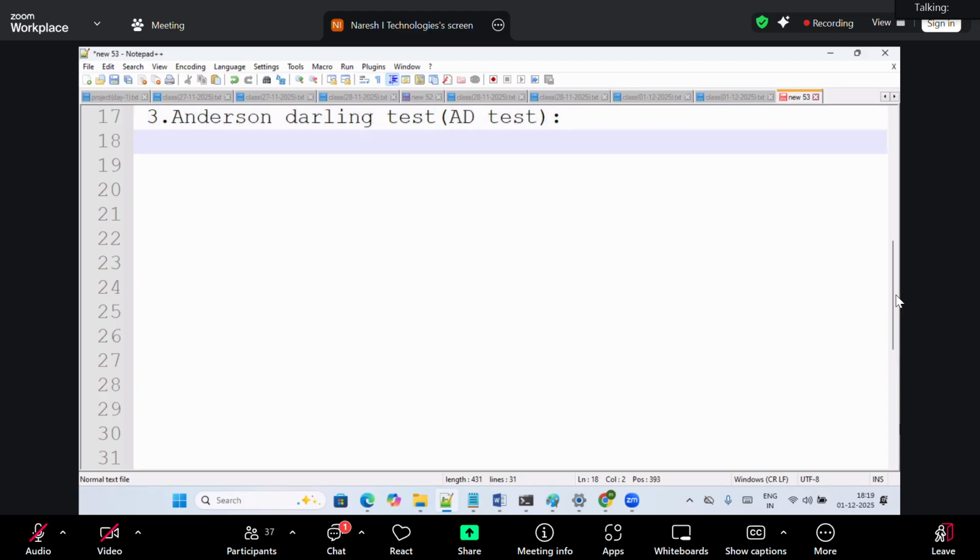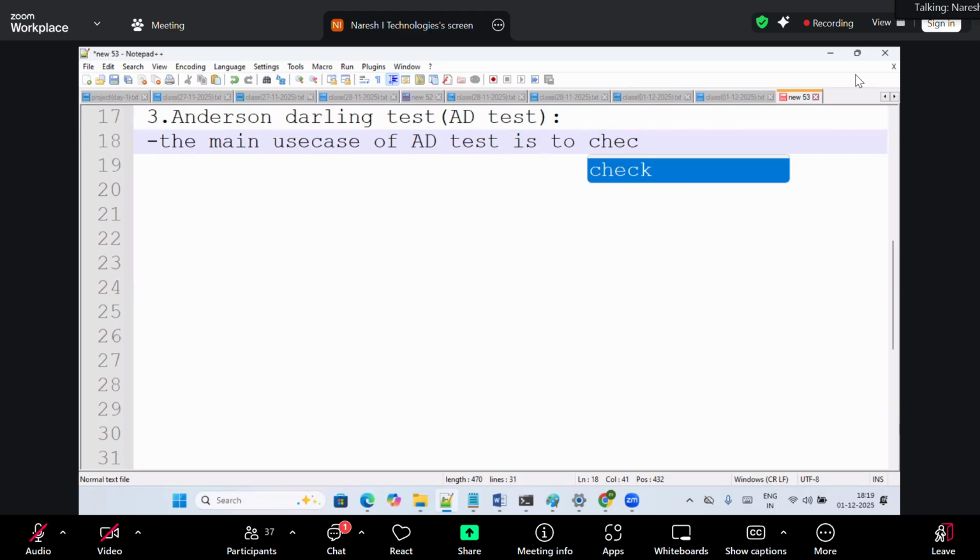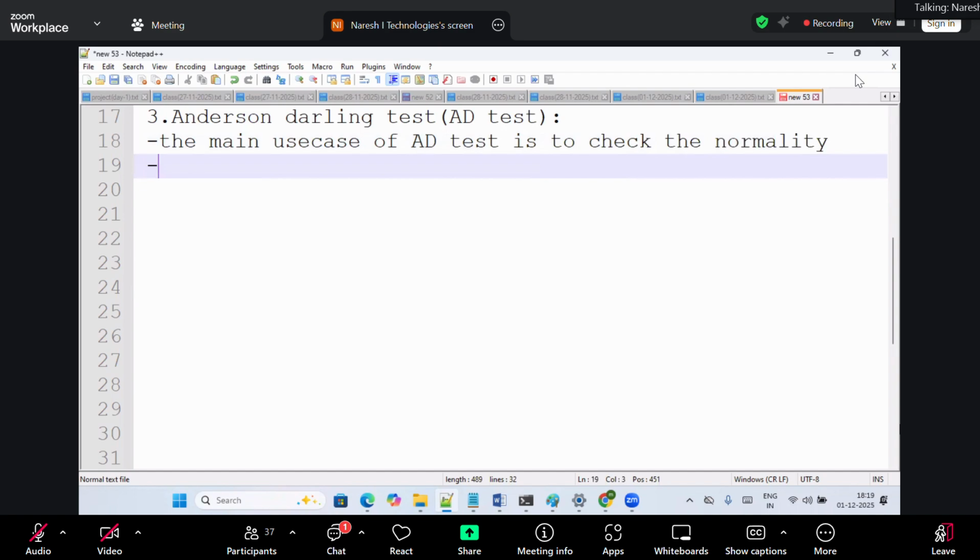So here, the main use of this test is what, guys? To check the normality, right? So the main use case of the AD test is to check the normality, right?